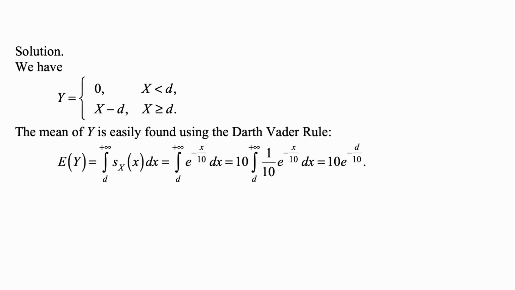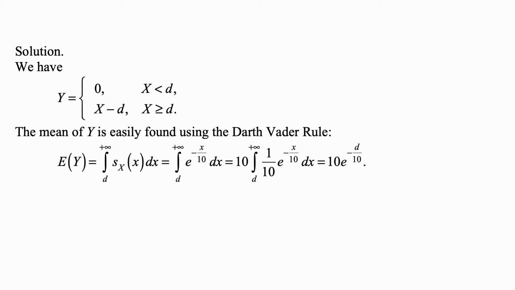So we have this, that Y is by definition equal to 0 when X is less than D, and X minus D for X greater than or equal to D. And the first moment, the mean of Y, is easily found using the Darth-Vader rule. It's equal to the integral from D to plus infinity of the survivor function of X dx. That's the integral from D to plus infinity of e to the minus x over 10 dx. So it's 10 times the integral from D to plus infinity of 1/10 e to the minus x over 10 dx.